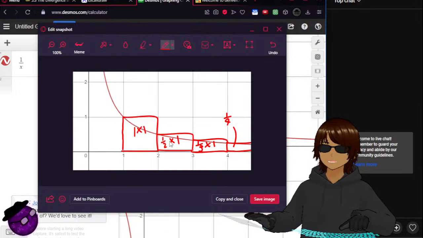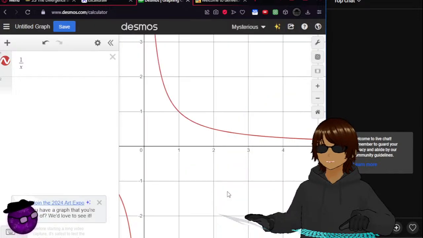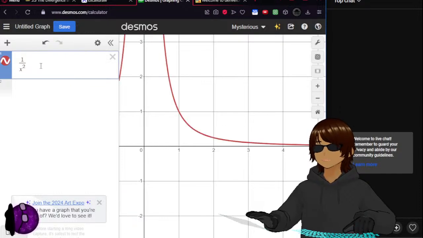So 1 plus half plus 1 over 3 plus 1 over 4 is the upper bound of the area under the graph. This can be done with any function, right, where the limit approaches 0?